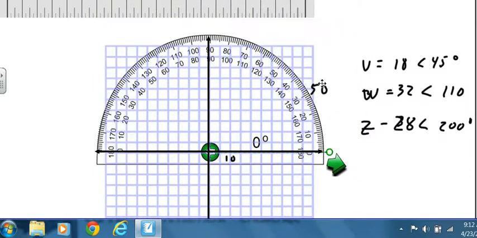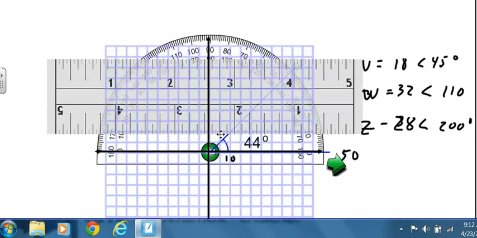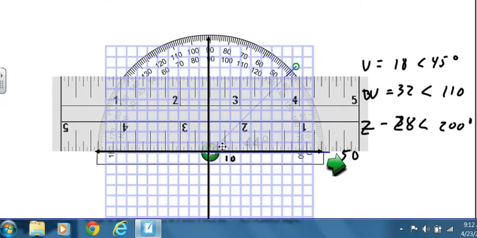I'm going to get an angle of 45 degrees, which is right there. And then we want to go 18 on that. All right, so we'll bring down our ruler, and it looks like 5, 10, 15. Every inch is 15.